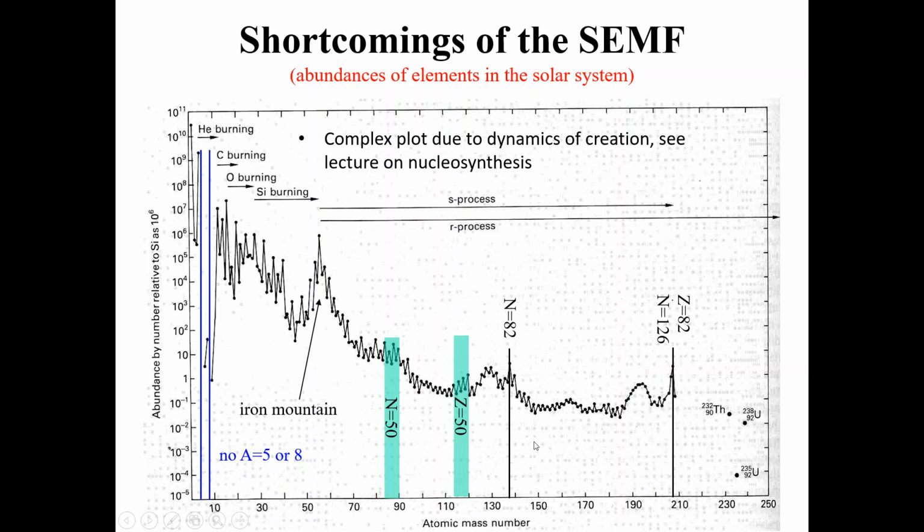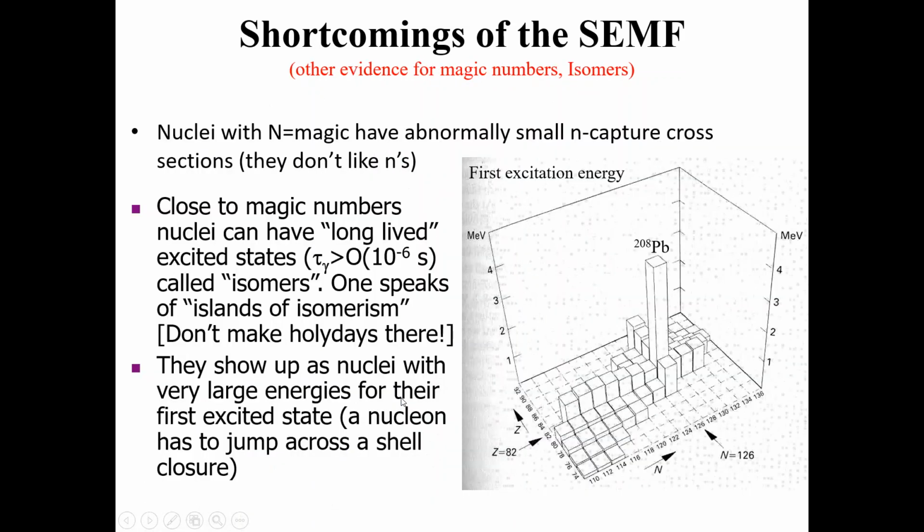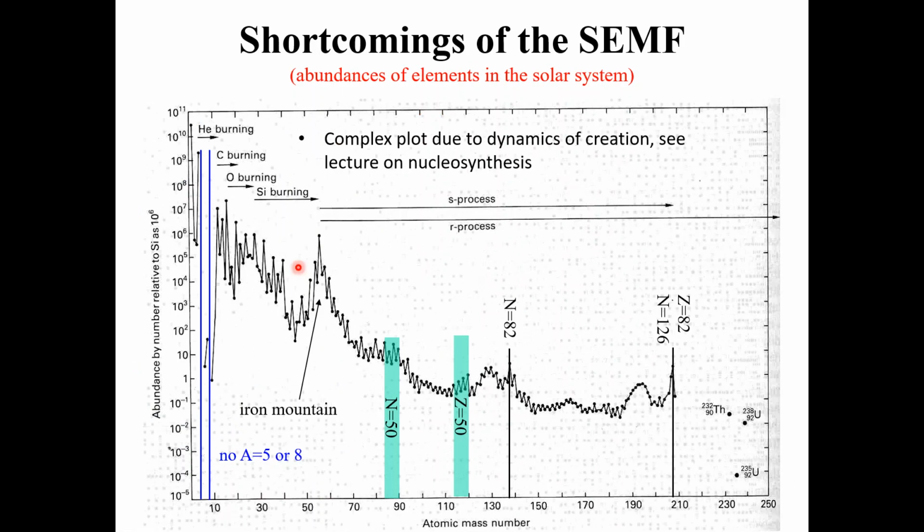If we look at the abundance of the elements in the solar system, we observe that again we have something which is against the semi-empirical mass formula, which is not able to explain the abundance of the elements in the solar system.